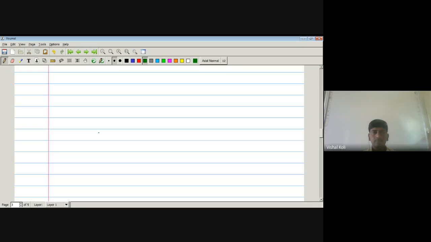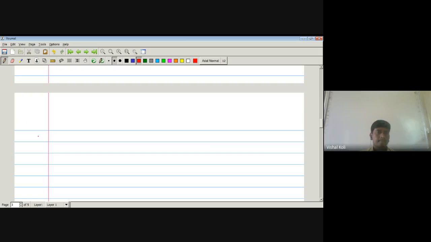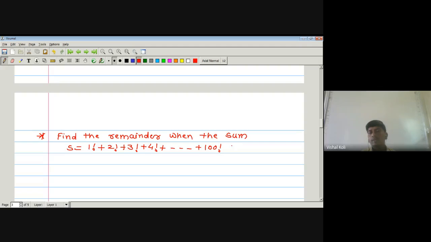Now find the remainder when the sum S is equal to 1 factorial plus 2 factorial plus 3 factorial plus 4 factorial plus and so on up to 100 factorial is divided by 12.